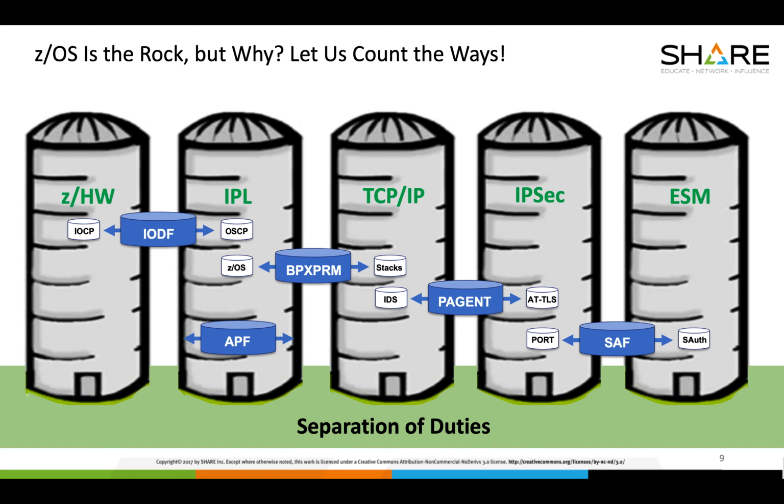The IODF, the input-output definition file, which links the hardware in the form of the IOCP, the input-output configuration program, to a specific IPL process for the generation of a z/OS LPAR, the OSCP, the operating system control program.